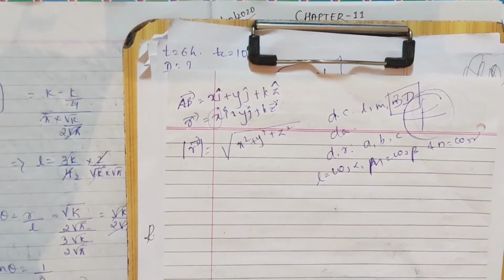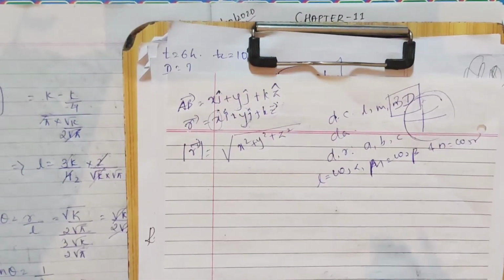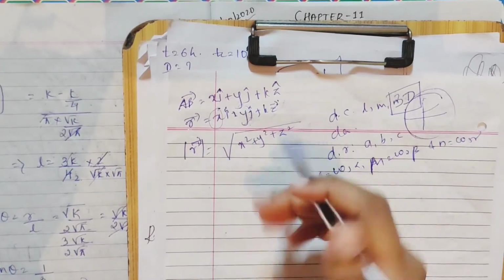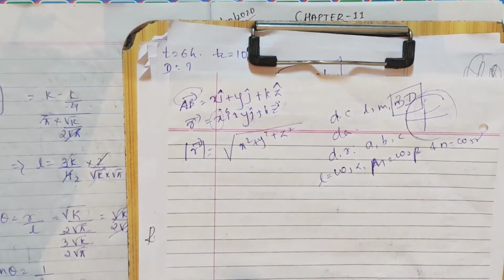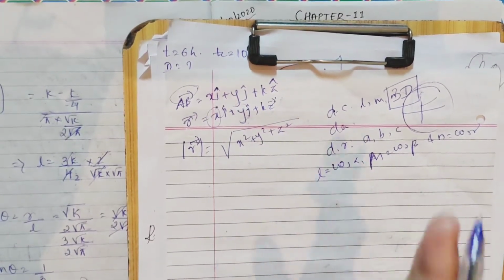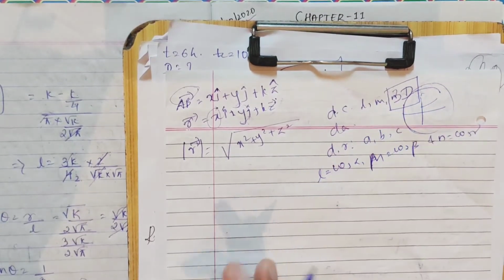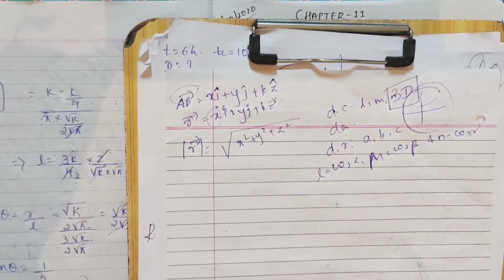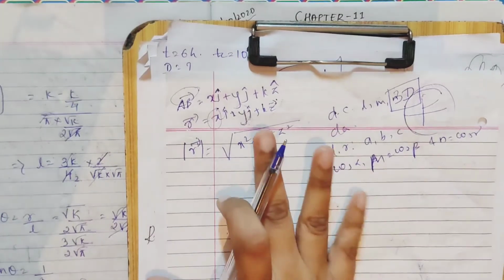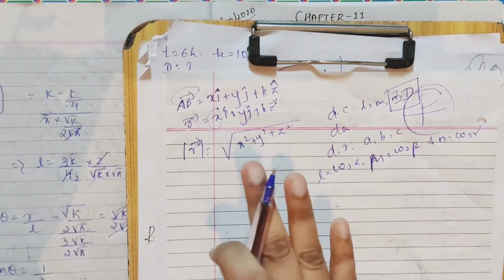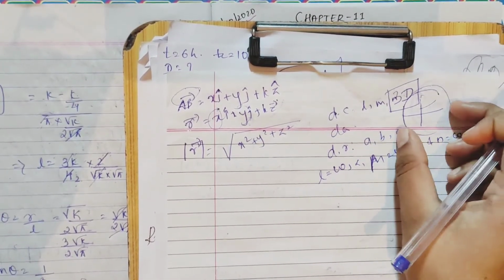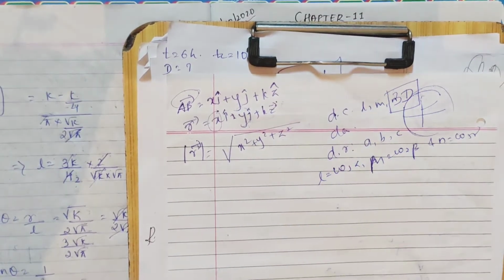So this is all you have studied. In the same way this also proceeds, just the difference will be we are not considering vectors. In vector algebra we were seeing that, but here in three-dimensional geometry we will see only in the Cartesian plane.